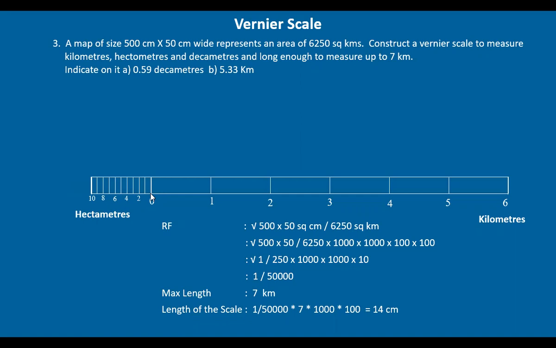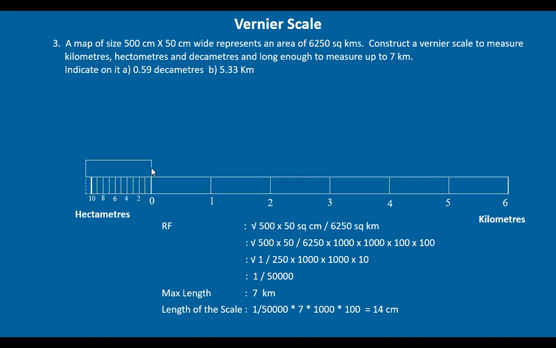Next, we need to get decameters also. So further we need to extend by taking 1 unit on the left side, the same length on the left side here. This one is the 11th, which means 11 hectometers.